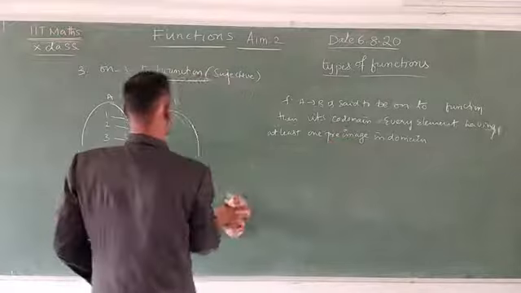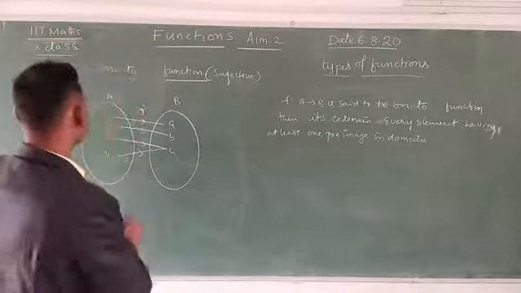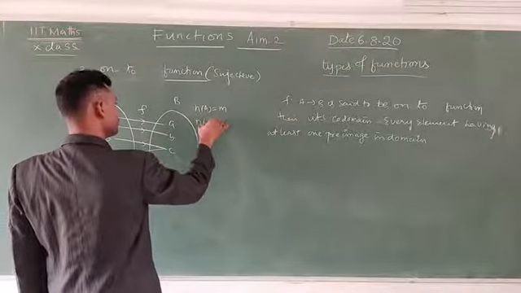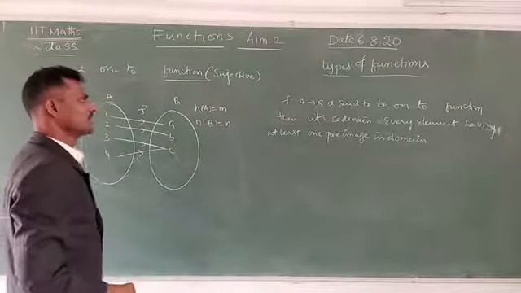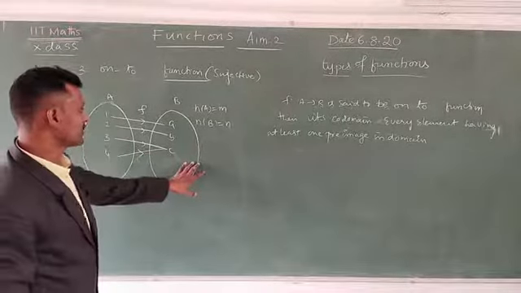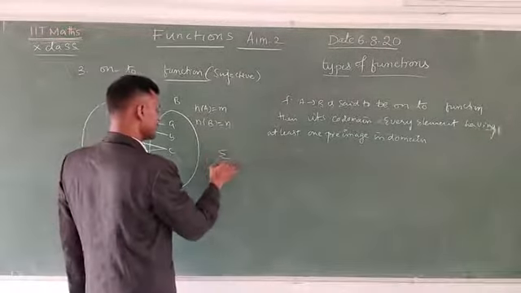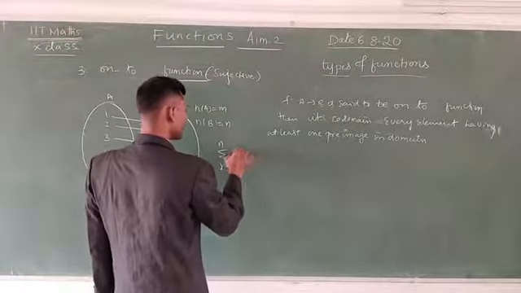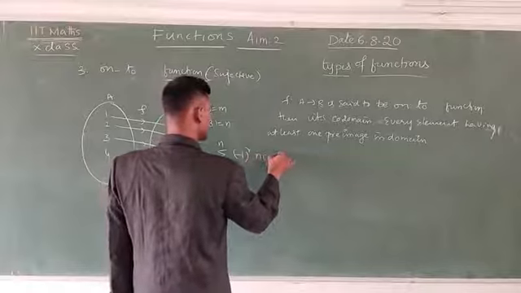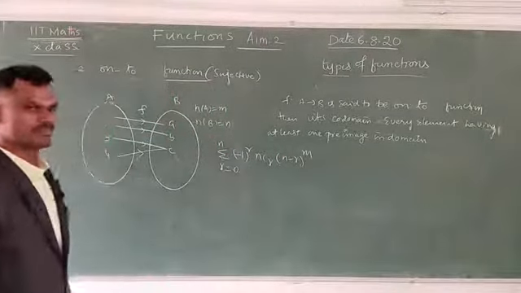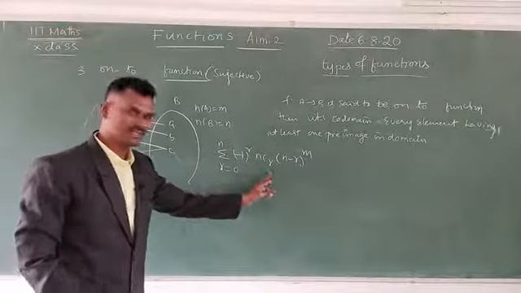See here, n of A is equal to m elements and n of B is equal to n elements. Then from A to B, the number of onto functions is sigma r equals 0 to n minus 1 power r nCr (n minus r) whole power m. This is the binomial expansion.